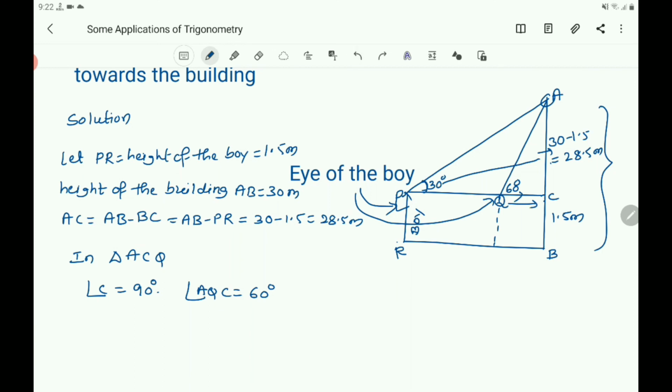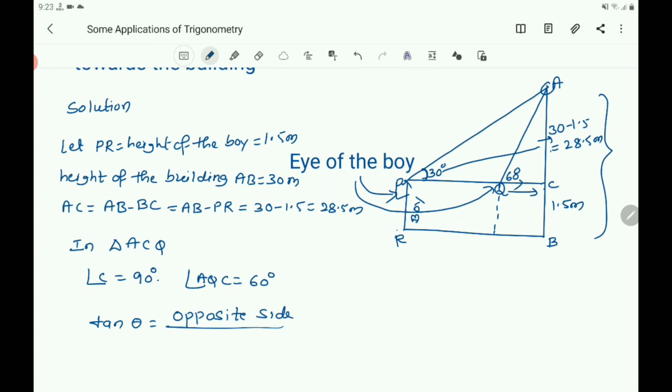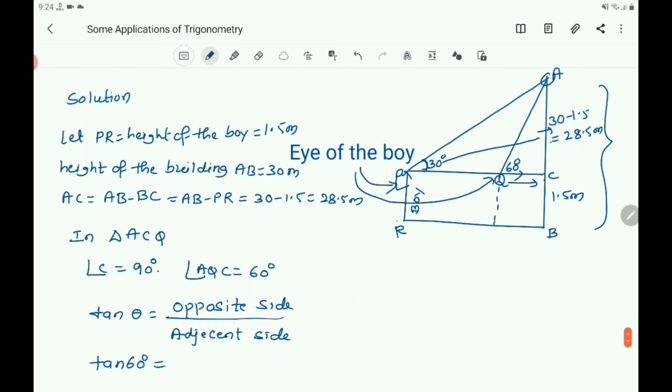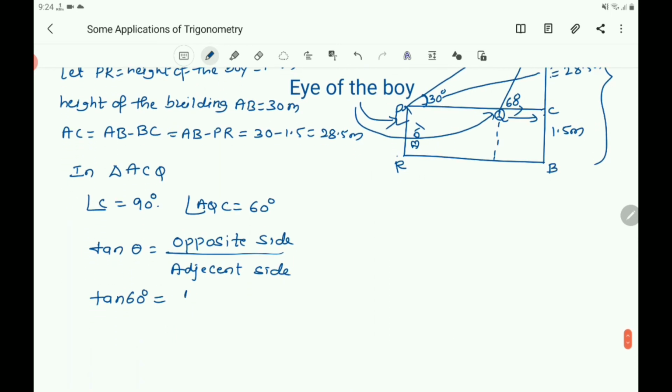The ratio having O by A, opposite side by adjacent side, is tan theta. Then you write tan theta equals O by A, opposite side by adjacent side, that equals tan 60 degree equals AC by QC.